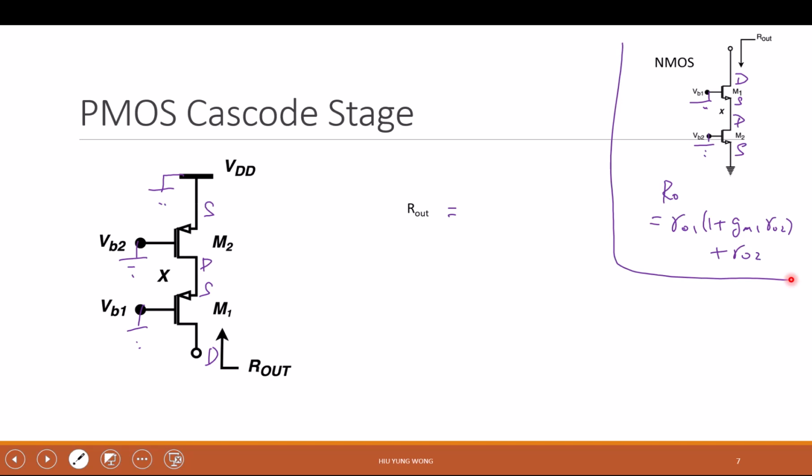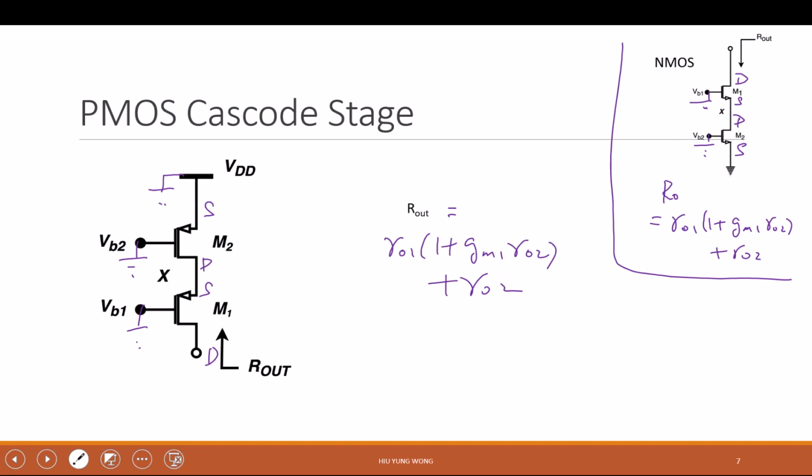What would be the output impedance of this one then? He said RO1 times (1 plus GM1 RO2) plus RO2. Do you agree? You think it is reversed?